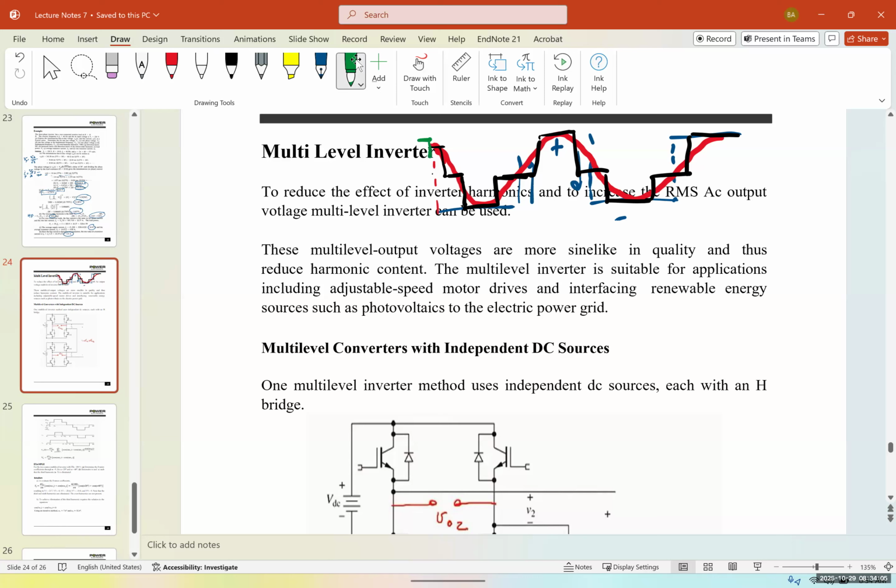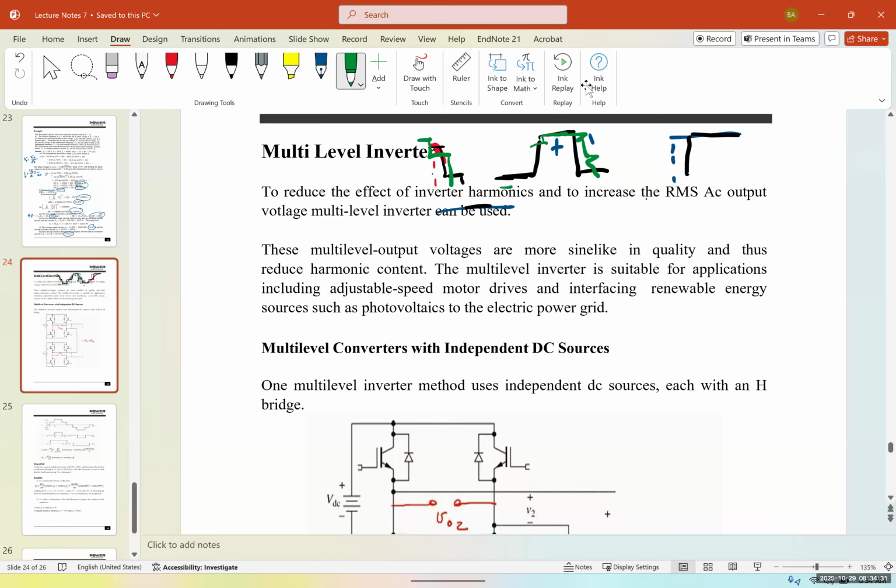Now I can have something that looks like this. So the more levels that I have, the cleaner output I'm going to have, and something that is closer to a sine wave. If I boost that to infinity, I'm going to have a clean sine wave. Obviously, you can't do that.